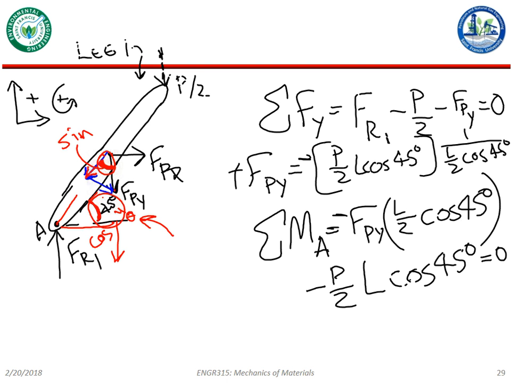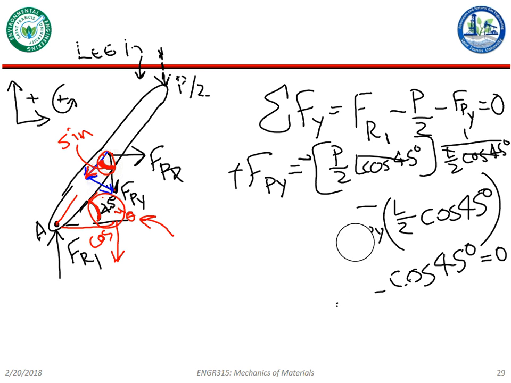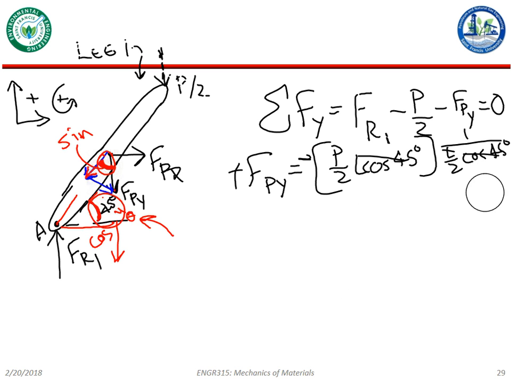That's just moving this over to its own side, dividing by all the L cosine 45 terms. Right. So before we get there, though, if we solve this, it gets us FPY equals negative P. We agree with that?